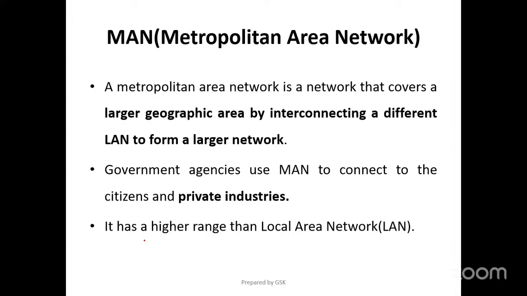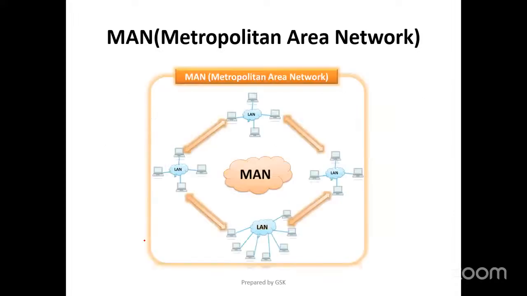So as we covered just now, LAN is a network within a single room, within a single office. A MAN is collections of the rooms or connections of the offices, more than one building. Suppose if you want to maintain the network between two buildings, then you can go for the MAN, metropolitan area network. This is larger than the local area network.